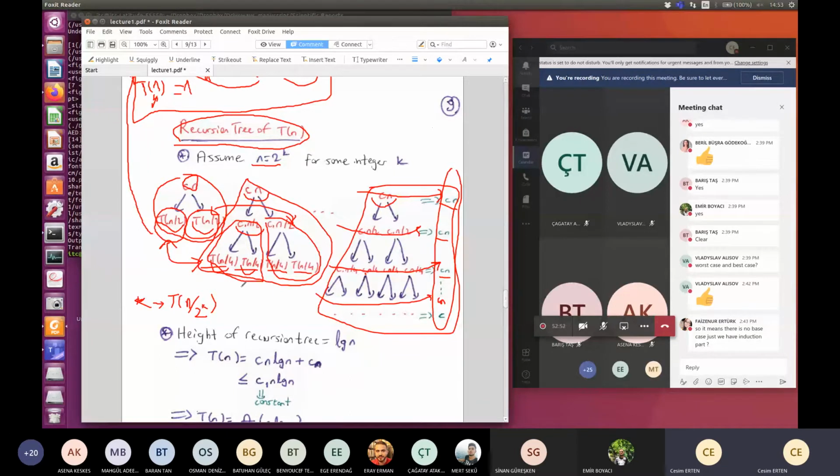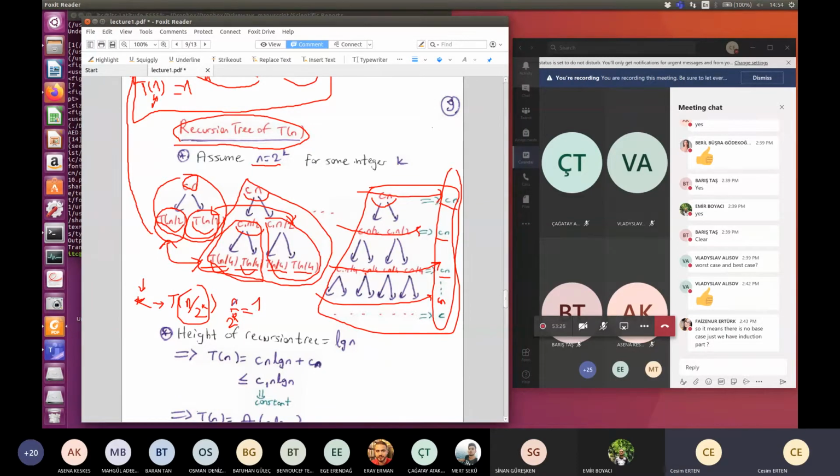Since at the bottom we have T of 1's all over in here, if we want to find out the level k at which we reach the bottom layer, the leaf level, we need to say when does this n divided by 2 to the k become equal to 1. So n divided by 2 to the k, at what value of k does it become equal to 1?